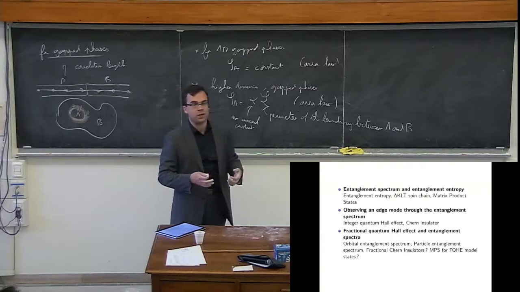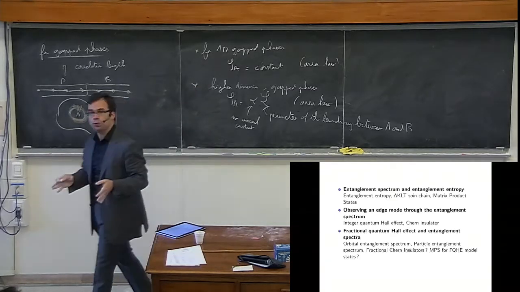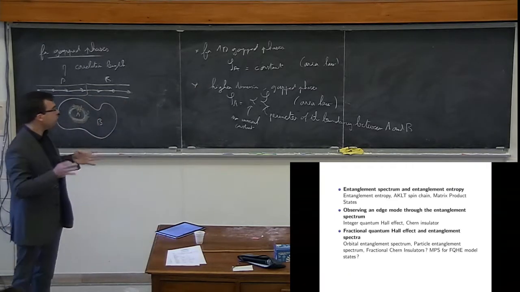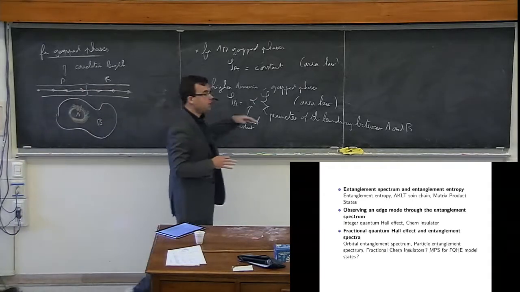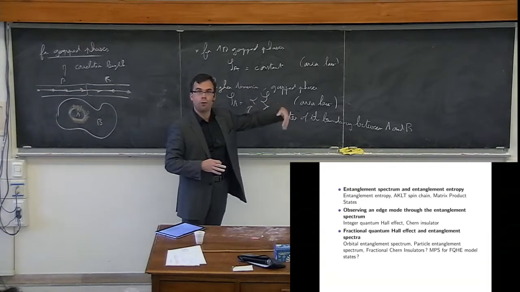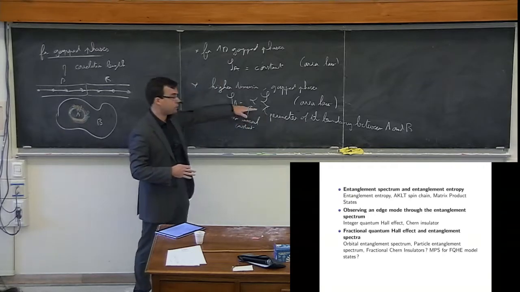What we want to focus on here is 2D topological phases. For 2D topological phases, you can go beyond the area law. You can look at the first correction that you have beyond this term.